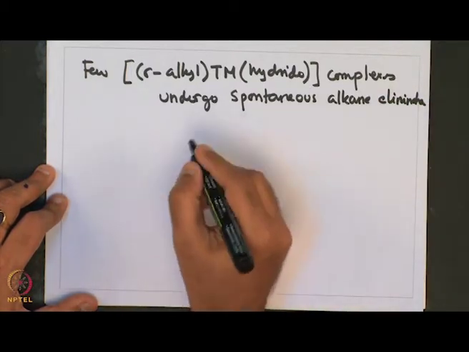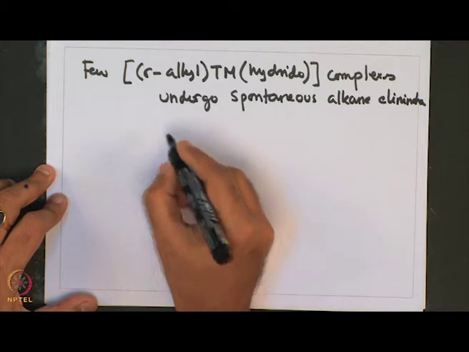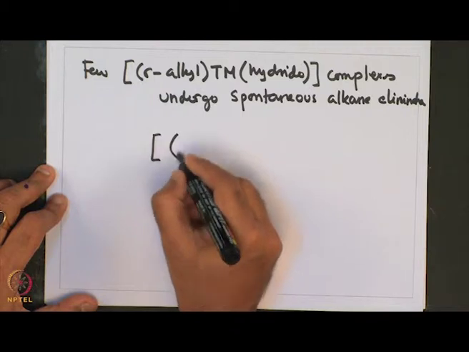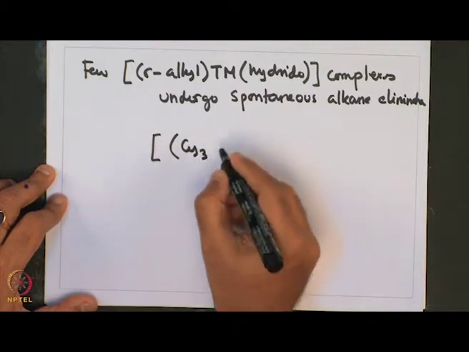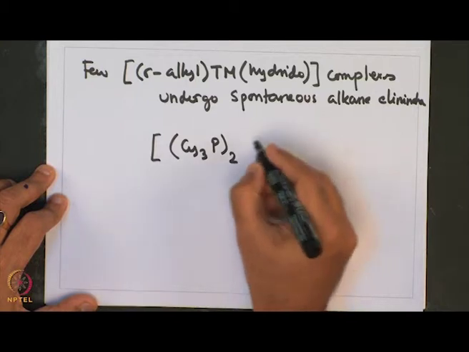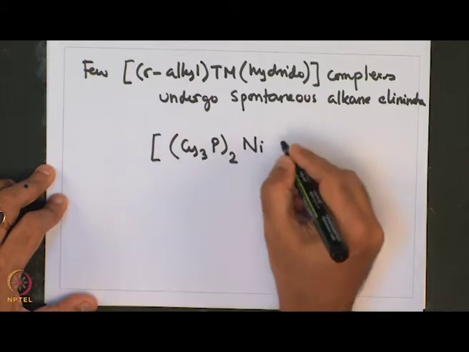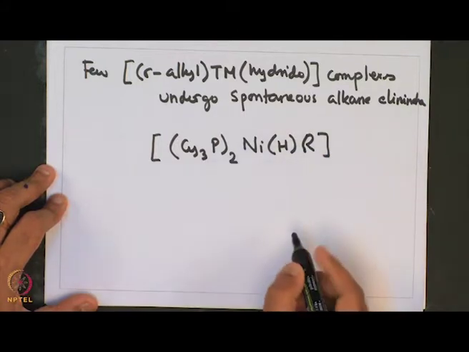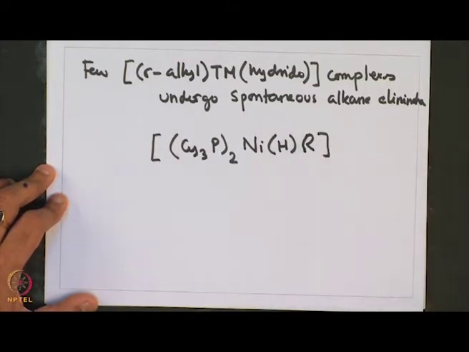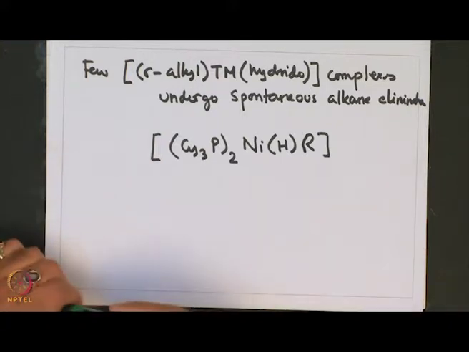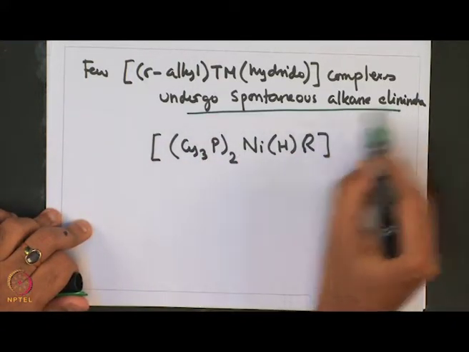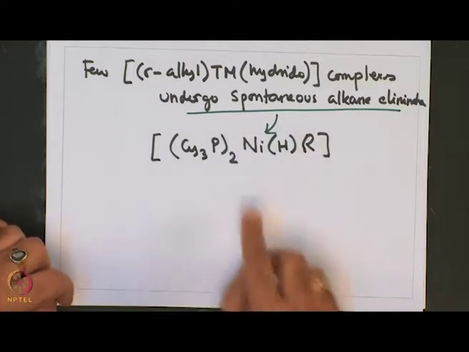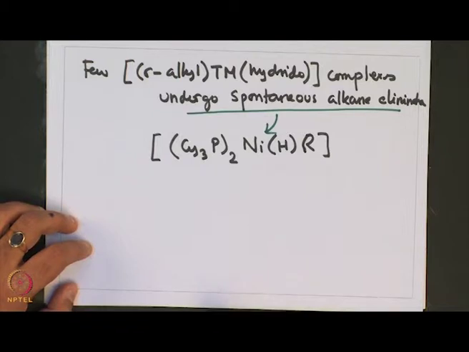For example, this bis cyclohexyl phosphine nickel hydride alkyl complex spontaneously undergoes alkane elimination, meaning that this complex is very unstable.